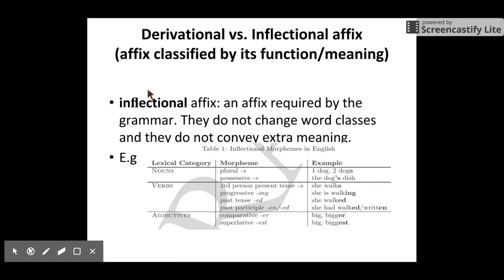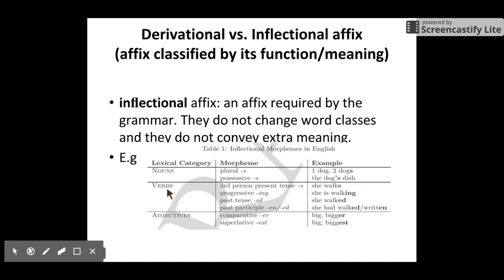They do not change the word class, and they do not convey extra meaning. For example, the plural morpheme -s and the possessive -'s. So from dog, we have dogs, and a dog's dish. It does not have a solid meaning, but is just there for a grammatical function.